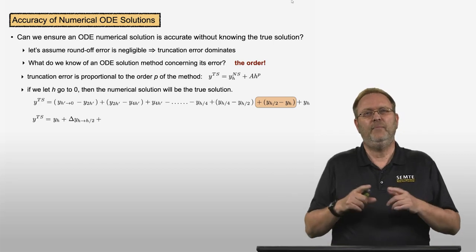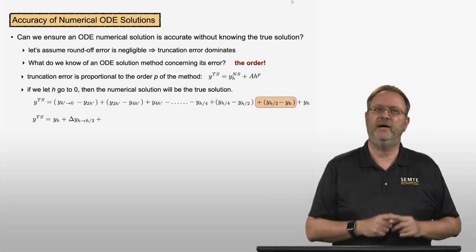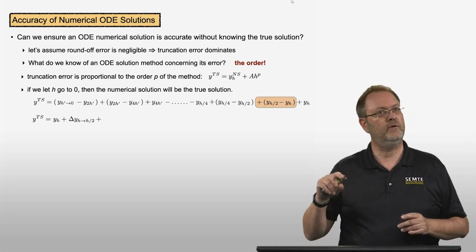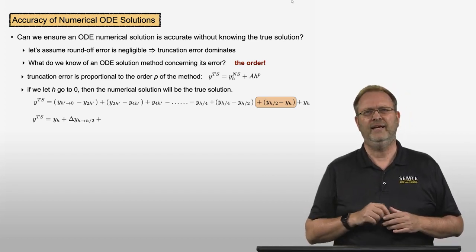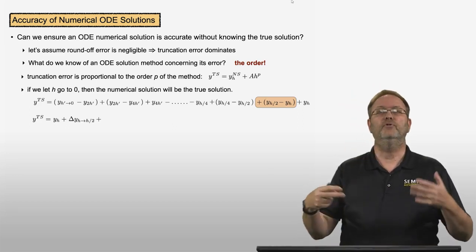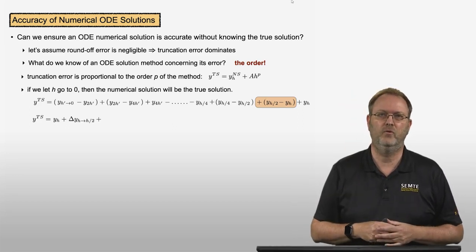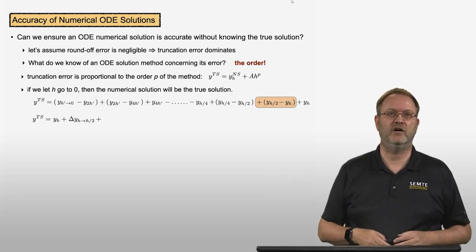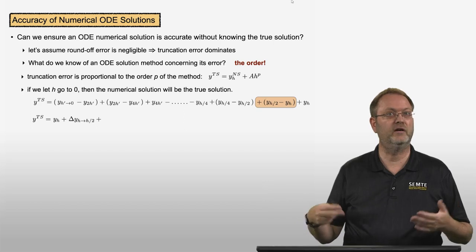Let me call this the change of my numerical solution when I go from h to h over 2. In some sense, this is the estimated error, right? It's the improvement of my solution when I go from a step size of h to a step size a factor 2 smaller, h over 2.